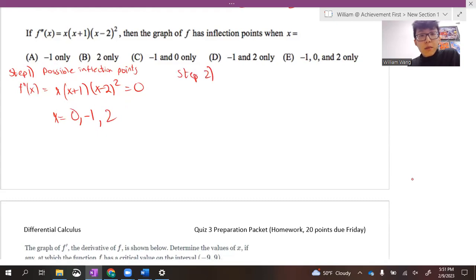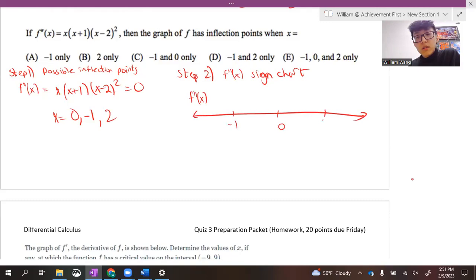Step 2, I'm going to do my sign chart of my second derivative. So let's write that out. Second derivative. My sign chart is negative 1, 0, 2. All right, let's figure out my sign chart. Each interval, let's plug in some numbers.